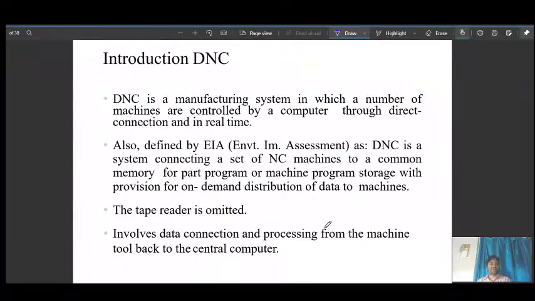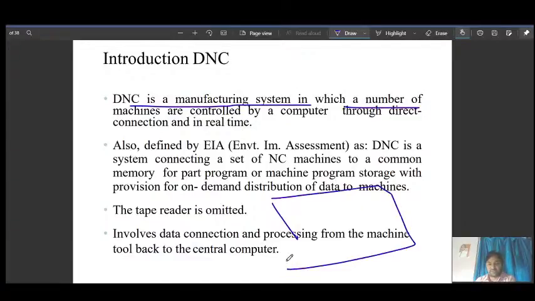So what is DNC? DNC is a manufacturing system in which, before going into that, let's see what happens. We have our shop floor where there are a number of machines, say machine 1, 2, 3, 4, 5, 6.